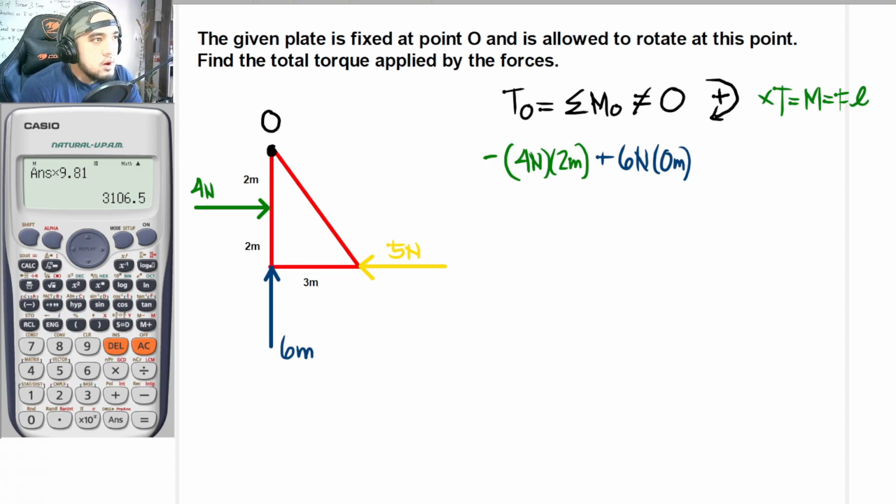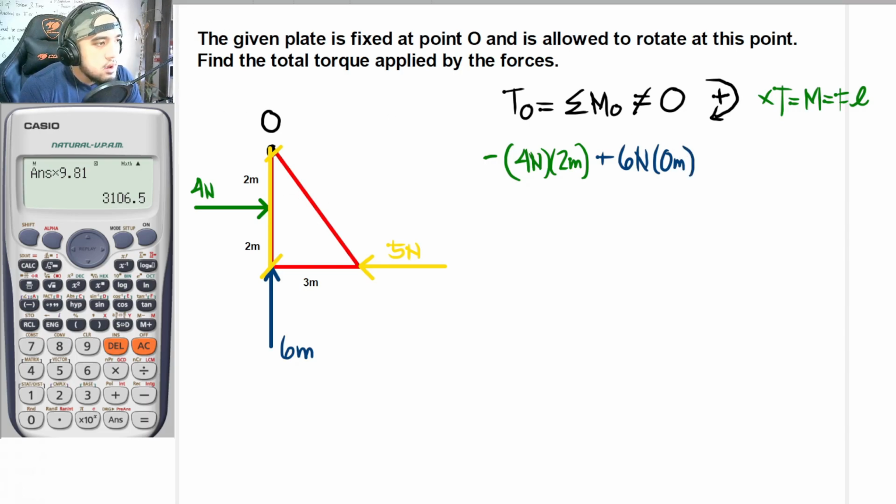So there. Okay, and as for this 5 Newton force, its perpendicular distance is measured from this point up until this point, because this is the line of the force. So if this is the perpendicular distance, this is 5 newtons times 4 meters.